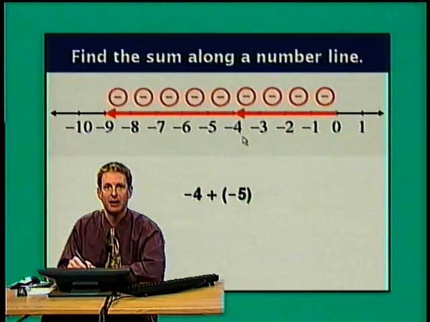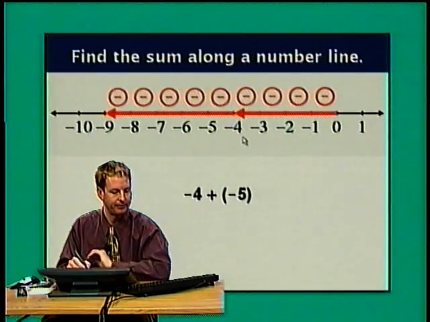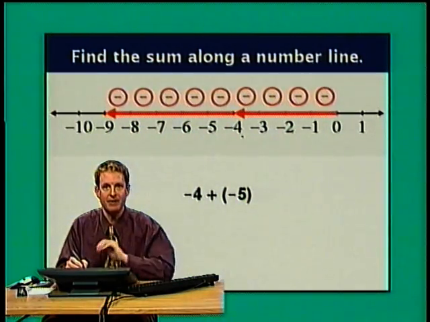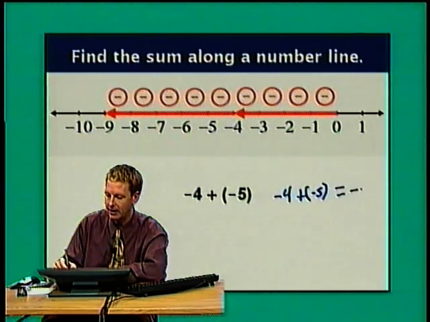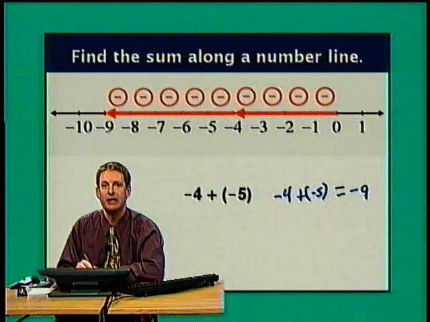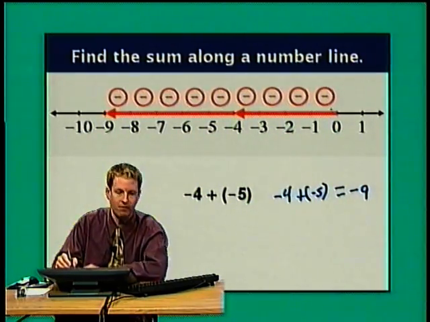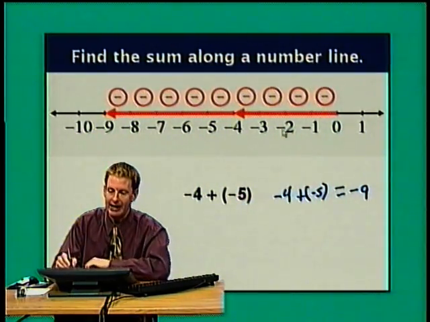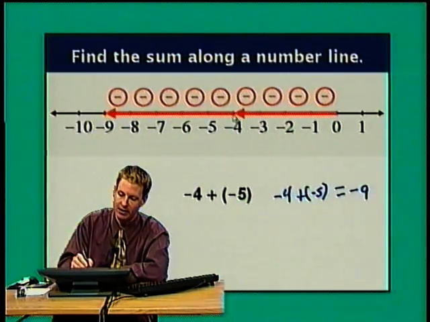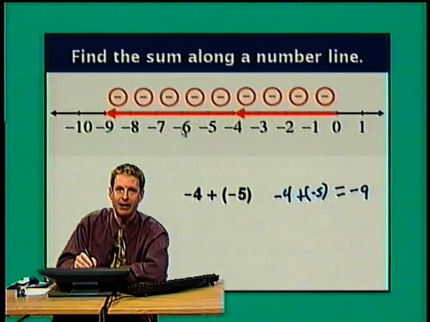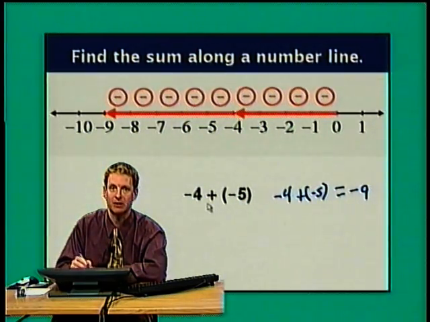Look where I end up. I end up at -9. Since I ended up at -9, we say that -4 plus -5 equals -9. See how moving left 4 units is like adding 4 negative chips to the pot. And moving left 5 units is like adding 5 negative chips to the pot.